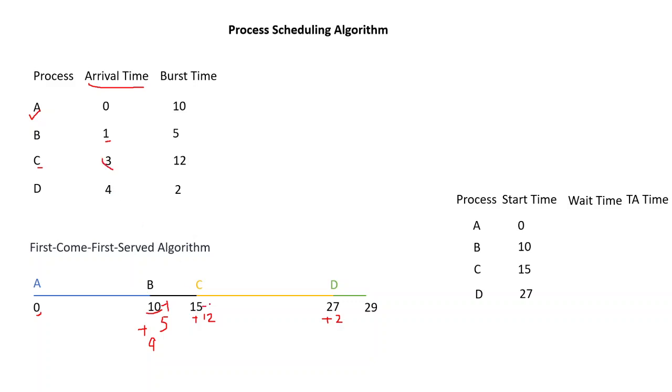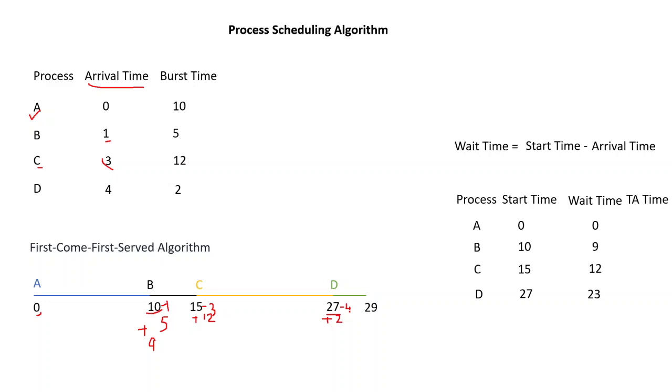So 15 minus 3, that is 12, will be the wait time of C. And D has started at time point 27 and arrived at time point 4. So 27 minus 4, that is 23, will be the wait time of D. So we know that wait time is start time minus arrival time. Accordingly, these are the individual wait times of the processes.